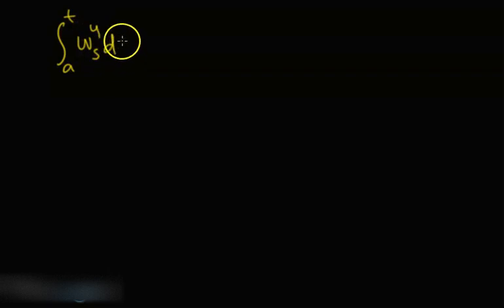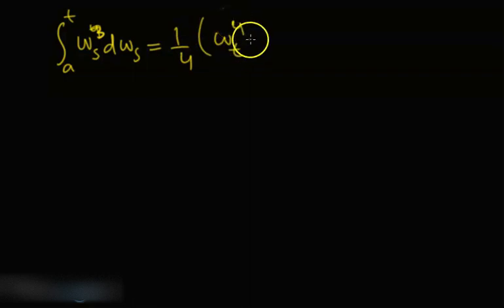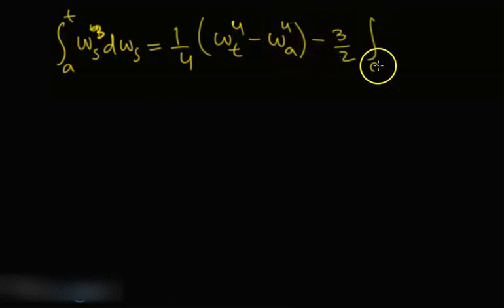So from there we could also see that if you are computing from a to t, then you will write the integral of W_s cubed dW_s, which is equal to 1/4 times W sub t to the power 4 minus W sub a to the power 4, minus 3/2 times the integral from a to t of W sub s squared ds.